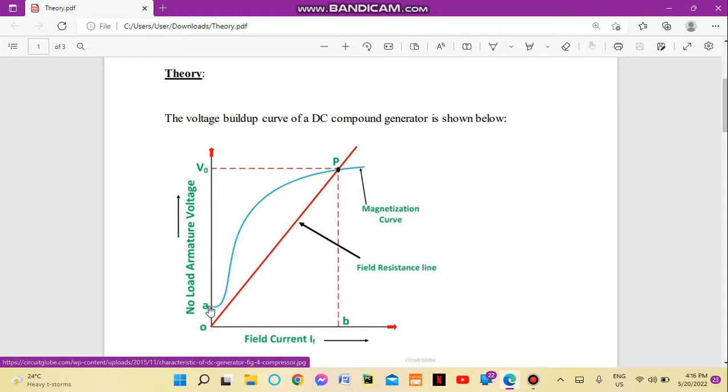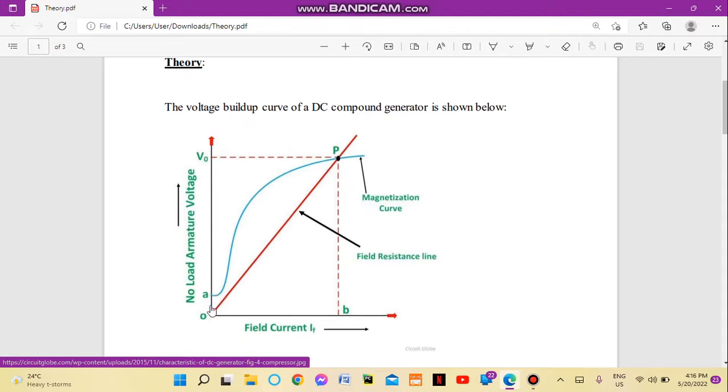And if you look closely, this point A is a point where there is no current given to the field winding. At that point, there is a voltage registered in the voltmeter, and this magnitude A of voltage is due to the residual magnetism.